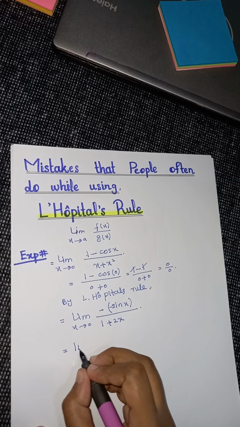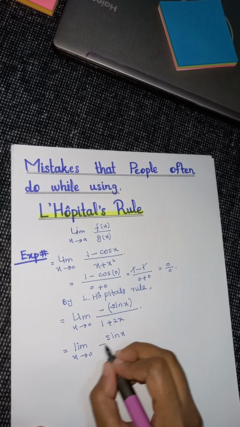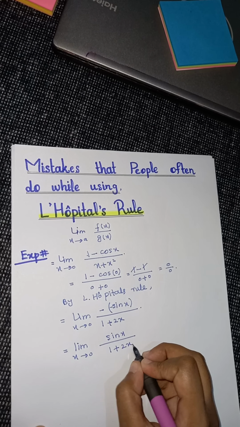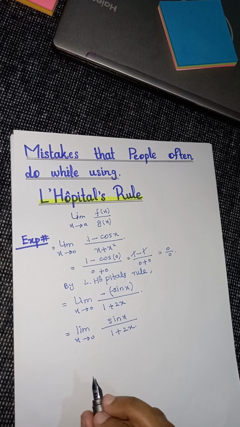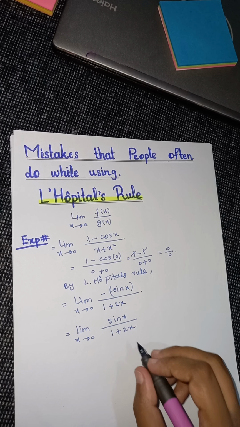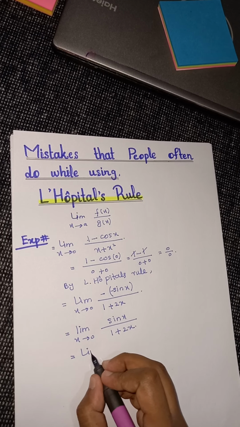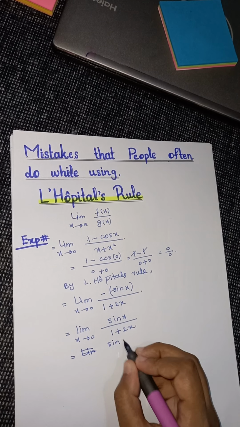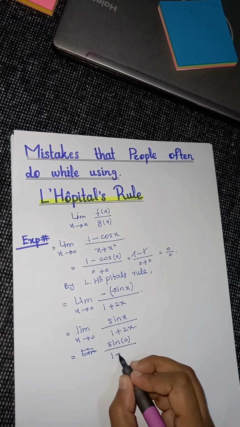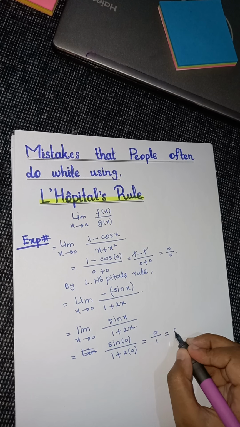It will become the limit as x approaches 0 of sin x divided by 1 plus 2x. Now at this point we will again check whether our numerator or denominator is equal to 0 or not. When we apply the limit, we get sin 0 divided by 1 plus 2 times 0. This means we get 0 by 1, which is equal to 0.